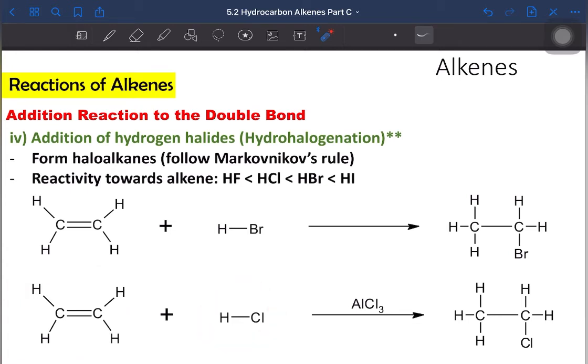Hydrogen chloride needs a catalyst to react with alkene, so in this case we have to put aluminium chloride. This alkene is also symmetric, so it doesn't matter which side the hydrogen or chlorine is bonded to on the double bond, because this alkene is symmetric.